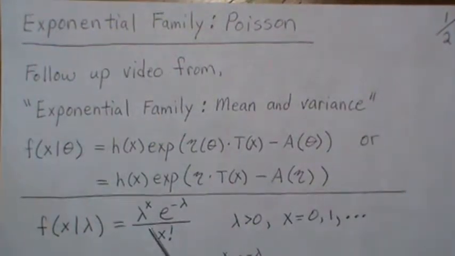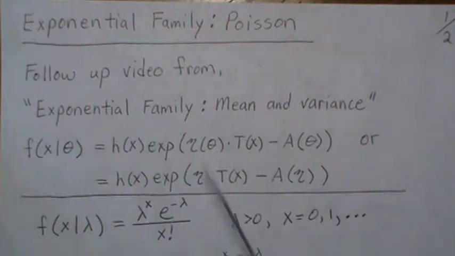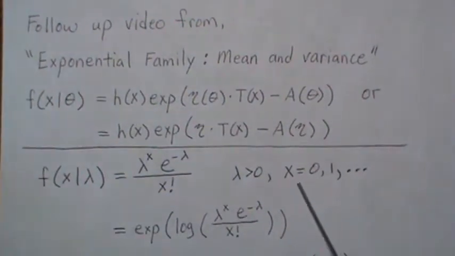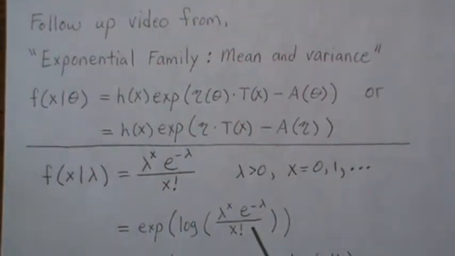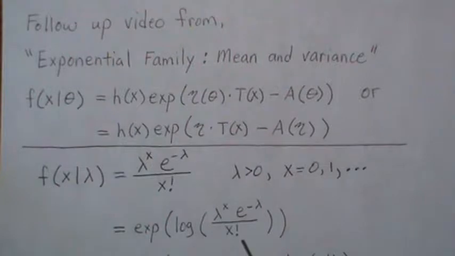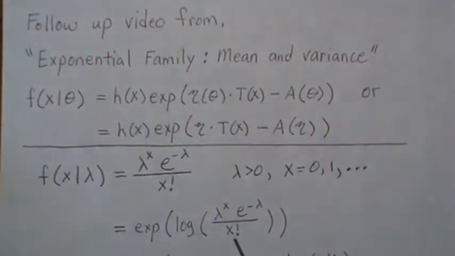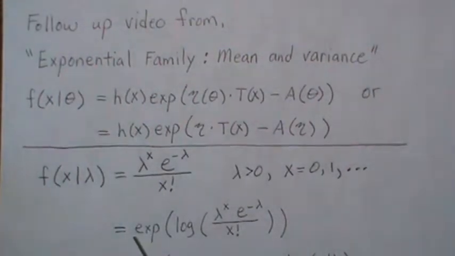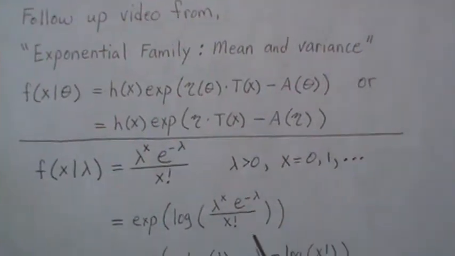Now we need to start manipulating this to look like an exponential family distribution. So we take the e and the log of it and we get this. Now within the log we can start manipulating, and perhaps I should have left the exponential out, but we'll get to that.